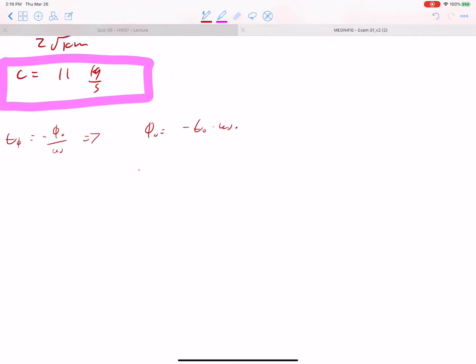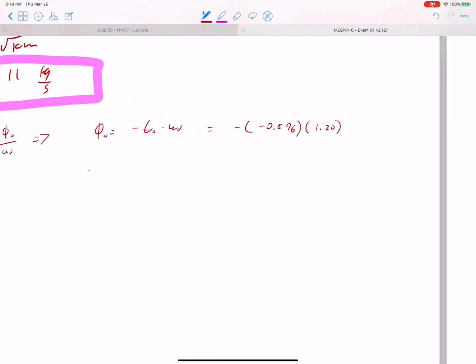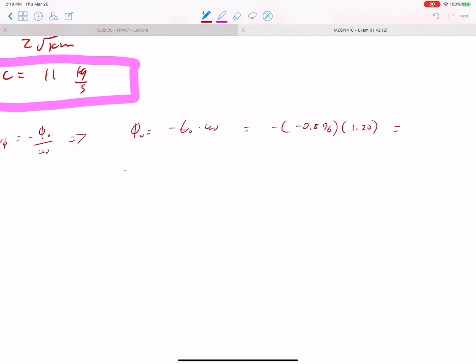Made my life harder for no reason other than life should be harder. That equals negative 0.896 times omega d, which was 1.20, and that gives phi naught equal to 1.08 radians.